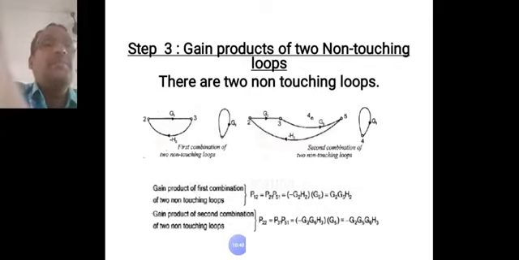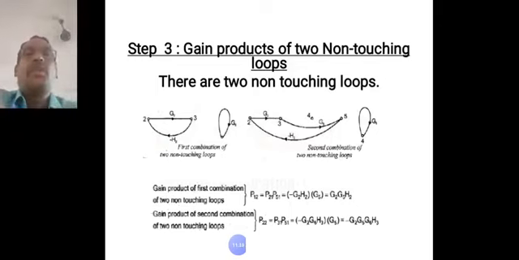Here the gain of P51 is only G5. So the product of P31 and P51 will be minus G2, G5, G6 and H3. Okay, so this is the gain of two non-touching loops.